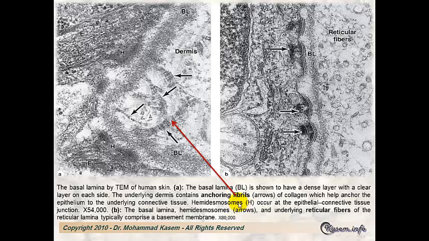Hemidesmosomes, H. Sorry, the hemidesmosome is here, actually. Yes, the hemidesmosome occurs at the epithelial connective tissue junction. This is at a magnification of 54,000.